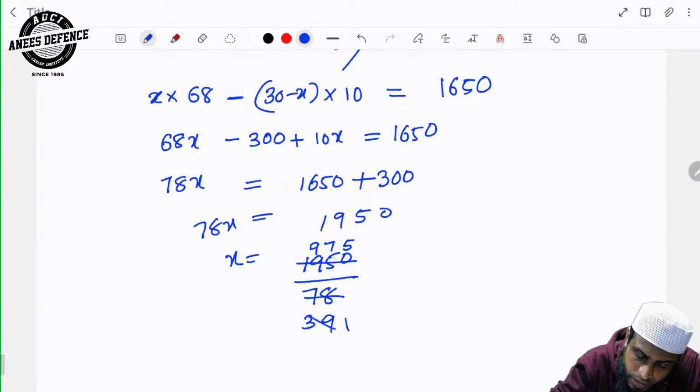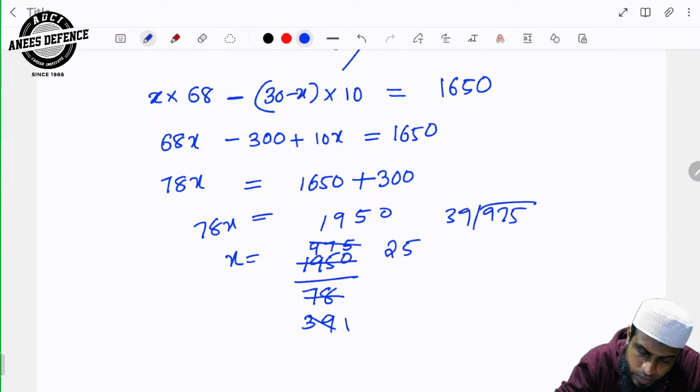1 into 39 and 25 into 39. So 975 divided by 39, if you are doing, you will be getting 2, then 5.